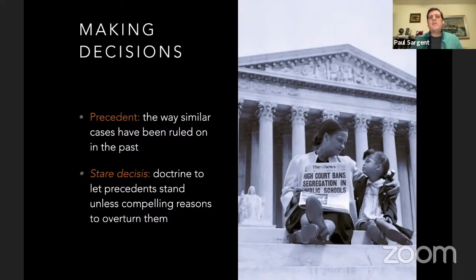And they work off of the doctrine of what's called stare decisis. Stare decisis is a fancy Latin term, but it's a doctrine to let the precedent stand unless there's a compelling reason to overturn the precedents.